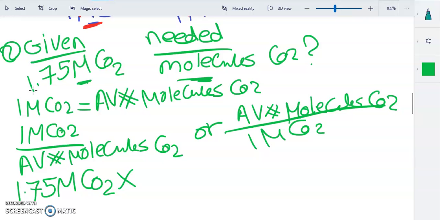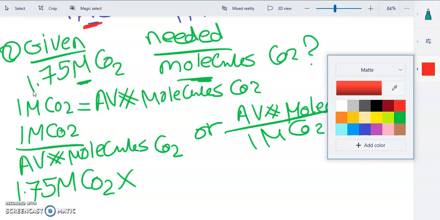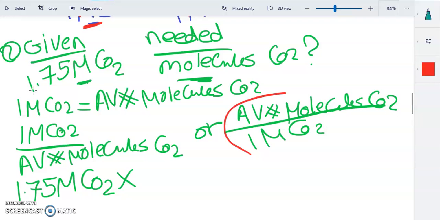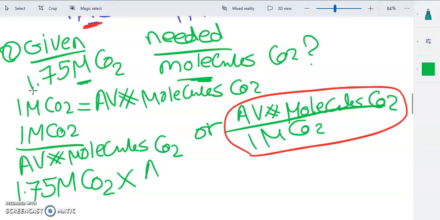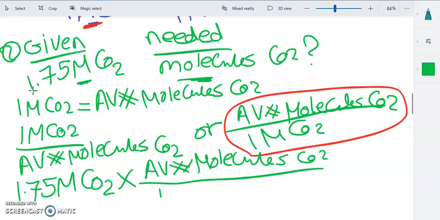So we need to get rid of it, so we'll be using this one here. So times Avogadro's number of molecules CO2, divided by 1 mole CO2.